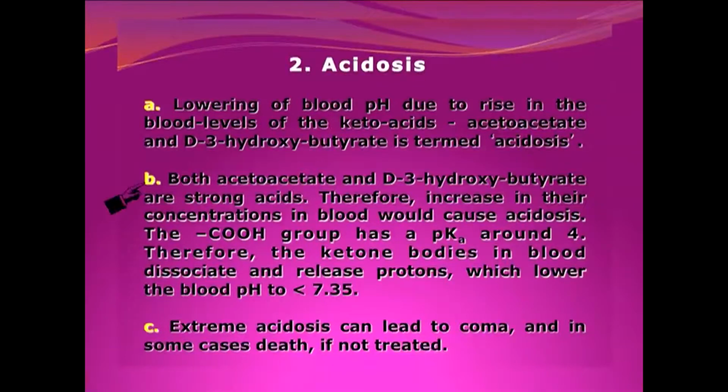So due to this, they can release a lot of protons in our bloodstream and it may lead to the acidification of the blood. Extreme cases of acidosis may lead to coma, and if left untreated, it may even lead to death.